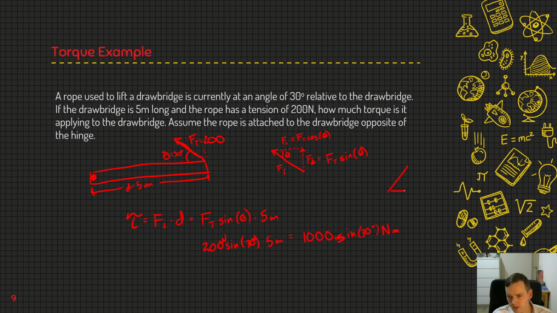And because I don't remember offhand, we have a 30, 60, 90, then the opposite of 30 is 1, opposite of 60 is square root 3, and opposite hypotenuse is 2. Yeah, so sine of 30 is 1/2. So this is 500 Newton meters is the torque.